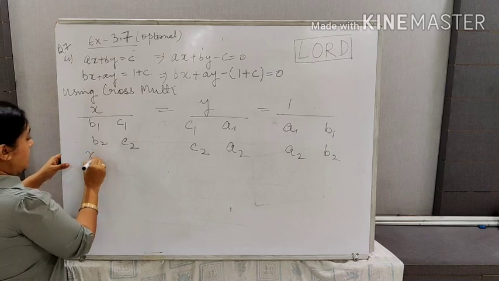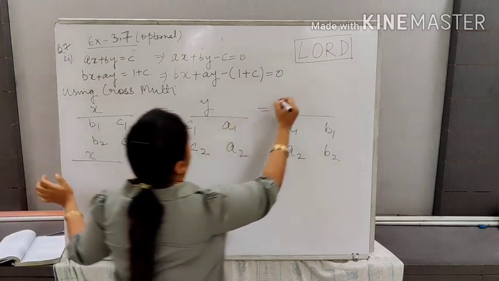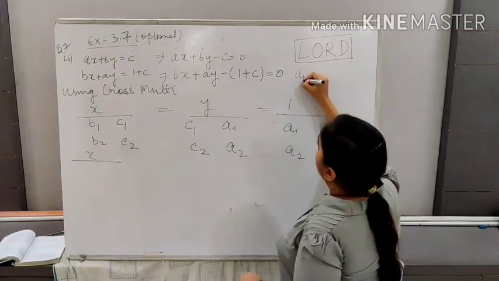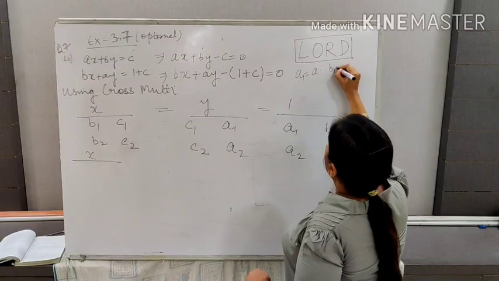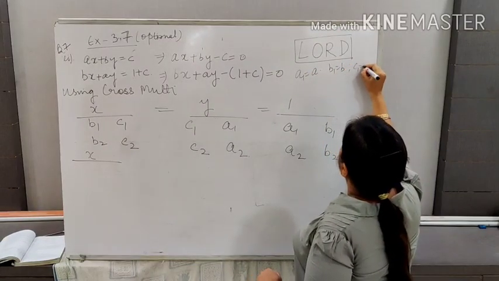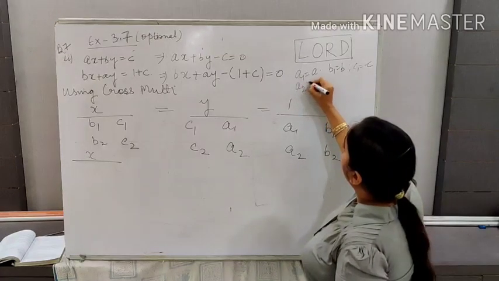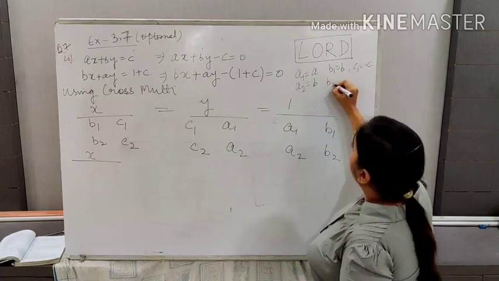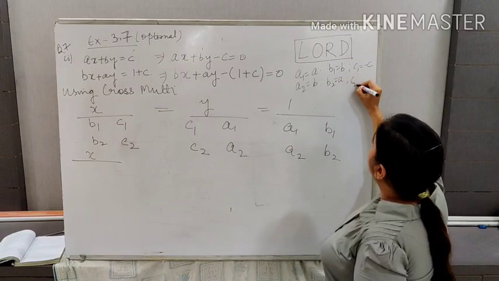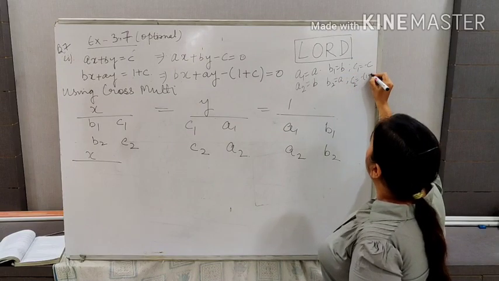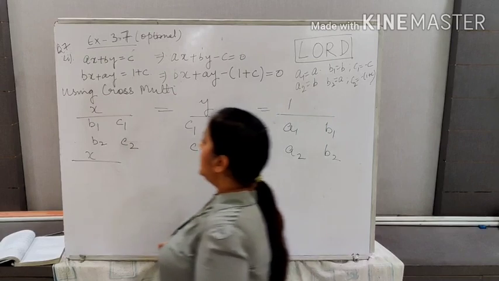So let us start with the question. What is A1 here? Let us write. A1 is A, B1 is B, C1 is minus of C. Similarly, A2 is B, B2 is A, and C2 is minus of (1 plus C). Right? Let us start.